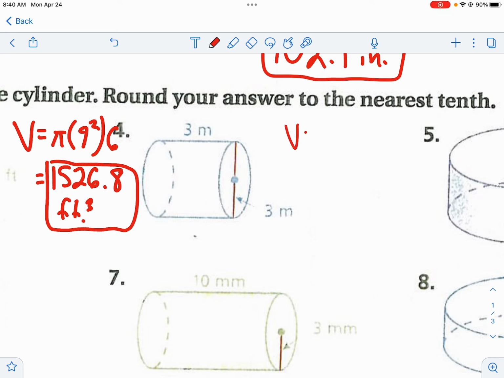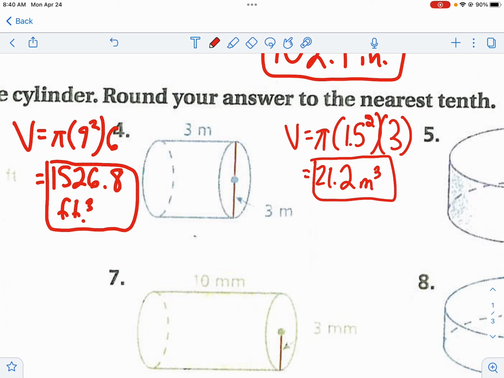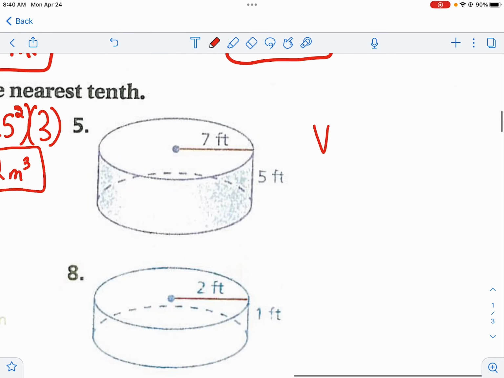And then this one, they give us a diameter, right? So pi times 1.5 squared times the height of 3. So 1.5 squared times 3 times pi is 21.2 meters cubed.